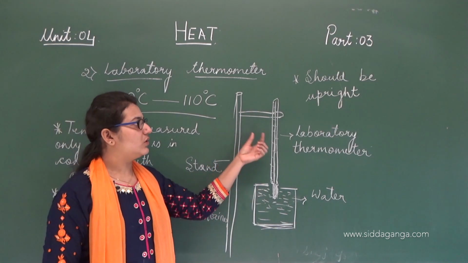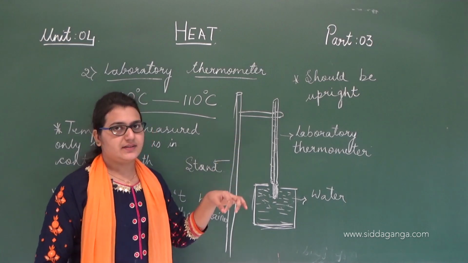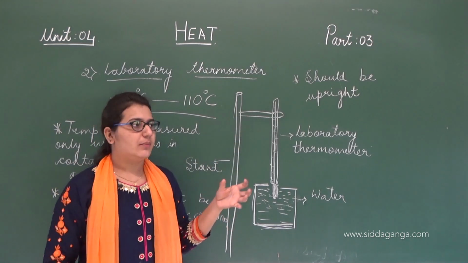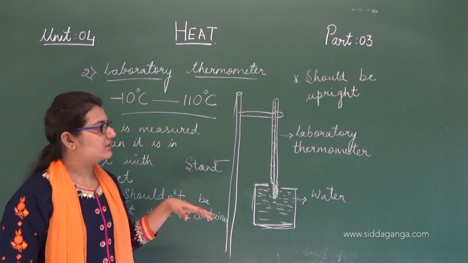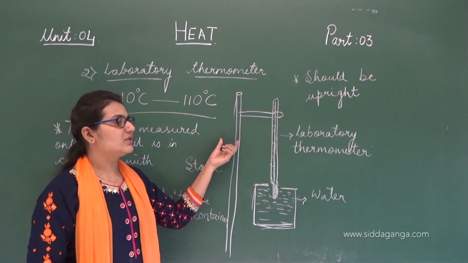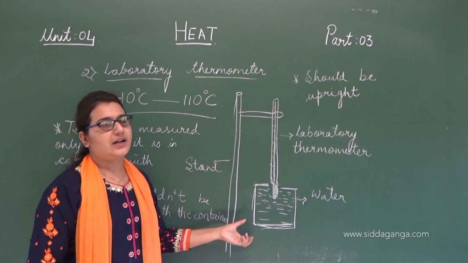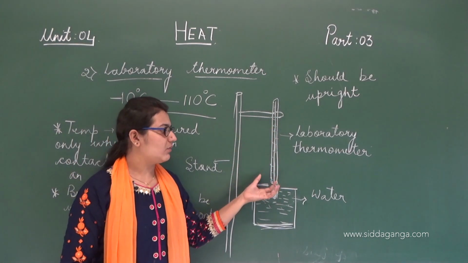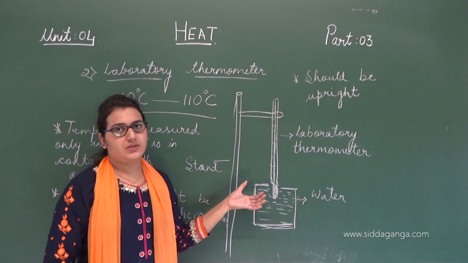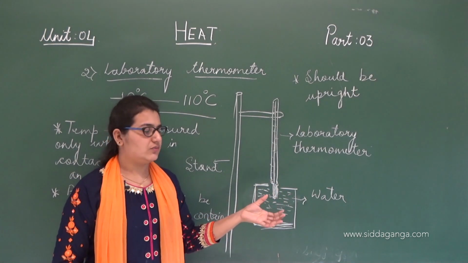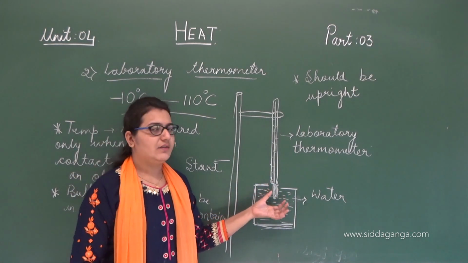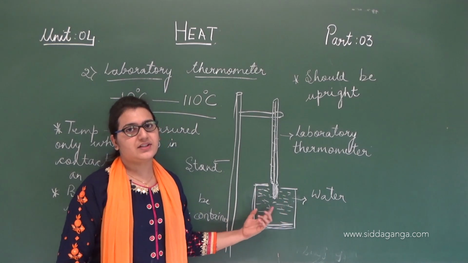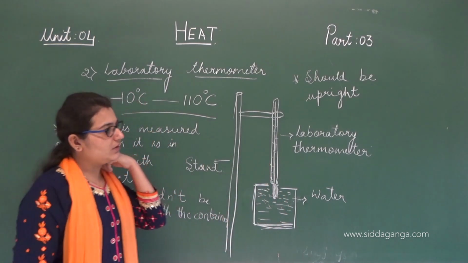We can just hold this thermometer with our hand to measure a glass of coffee. But if it is some other object, we cannot just keep on holding this thermometer. So we can use a stand and fix this thermometer. Whatever object or material we have to measure, we can just change it, but this thermometer has to be fixed.